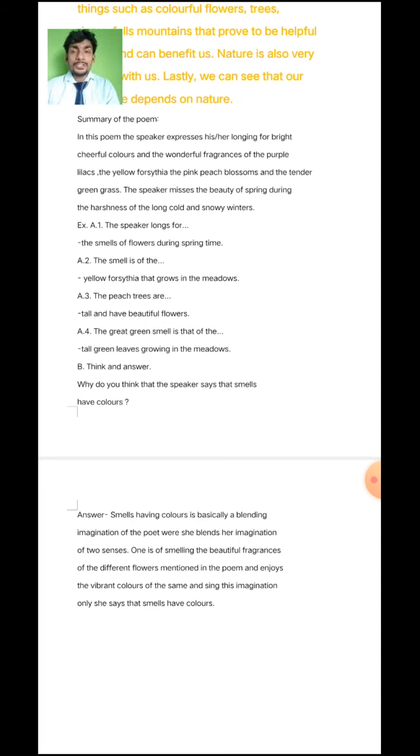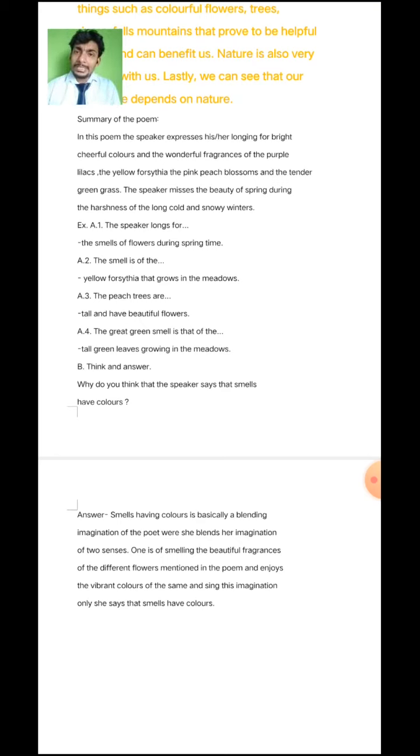Means, as she has described all the beautiful elements of the surroundings of the earth through this poem, we got a reason to justify how much the poet loves nature.